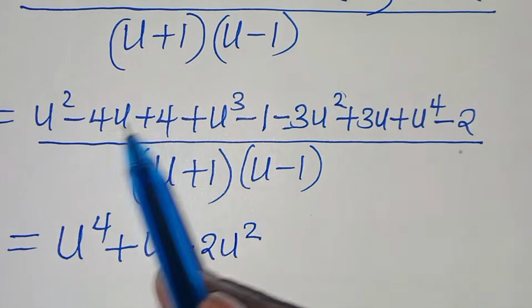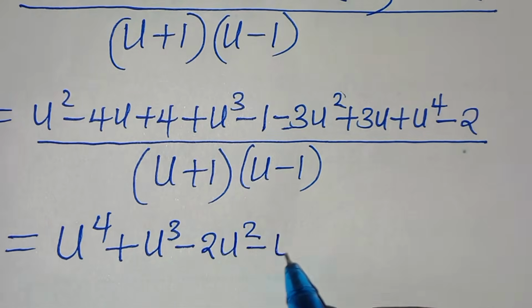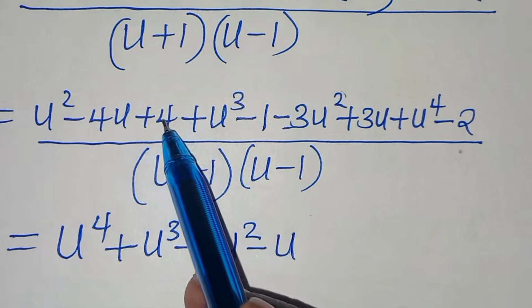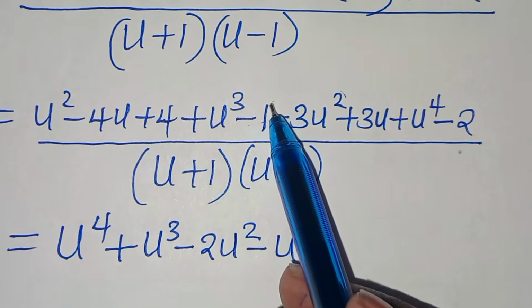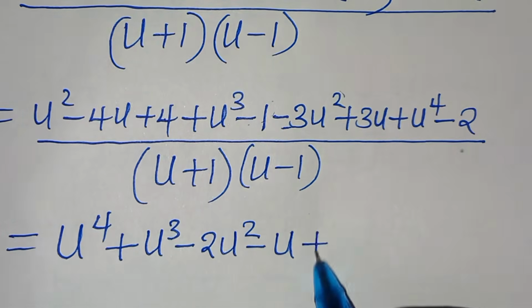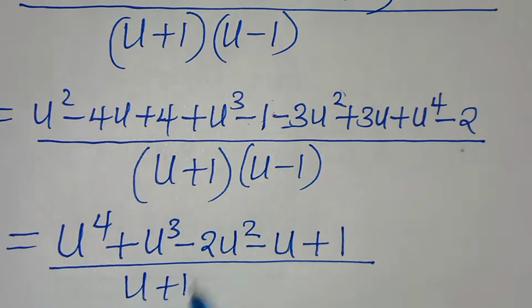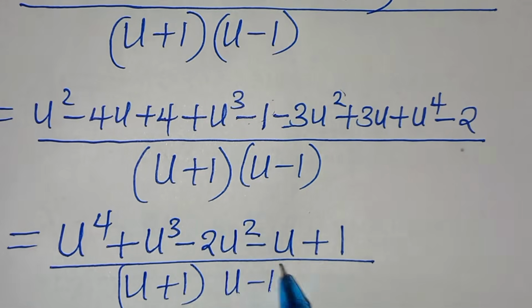Then we have minus 4u plus 3u, this is minus u. Then we have 4 minus 1, this is minus 3. 4 minus 1, this is 3. 3 minus 2, this is 1. So we have plus 1. Everything here divided by u plus 1 times u minus 1.